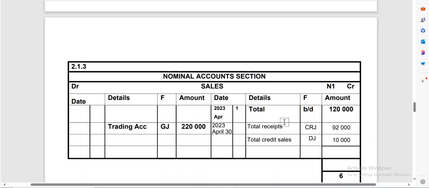And then from there we need to check, are there any returns that were made? So here I'll write 2023, April, 30.